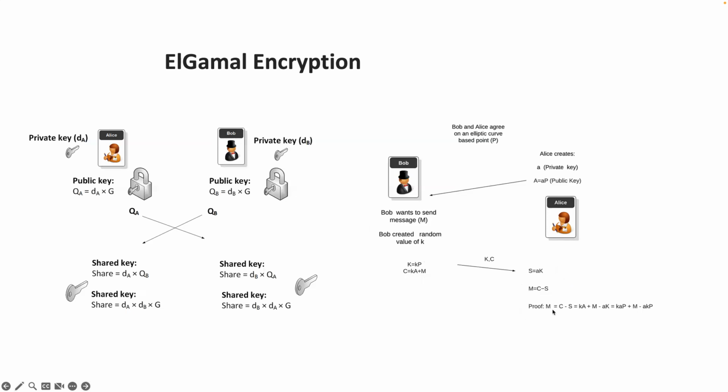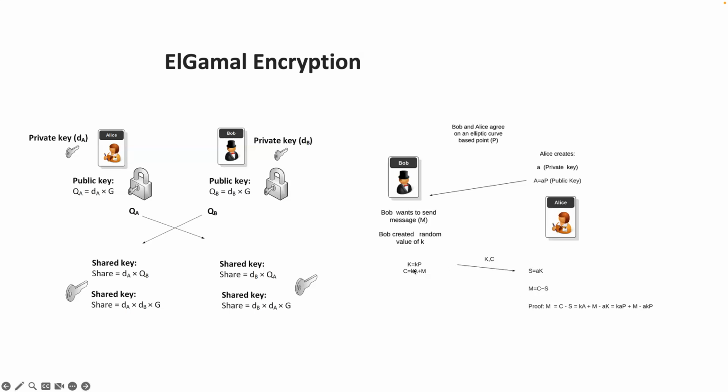On the right is the decryption. How does Alice get M out of K and C? She computes S equals a times K, and then the plaintext M is just C minus S. We are not going to cover the theoretical proof here, but just to let you know, this works.